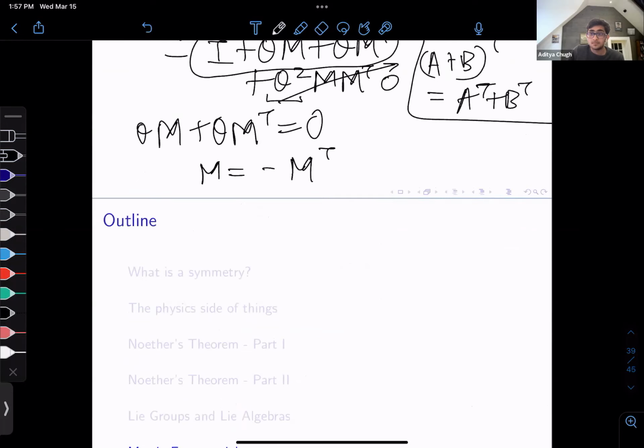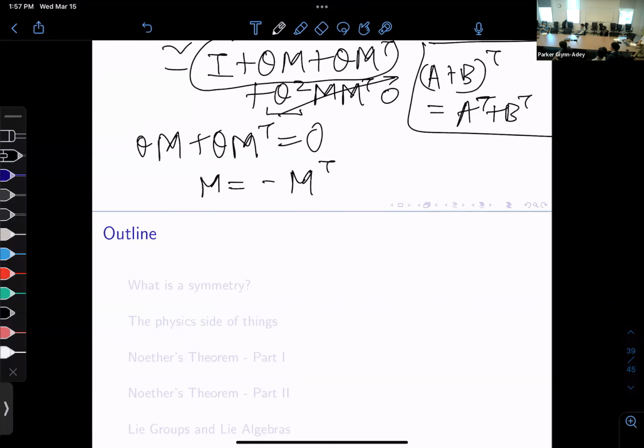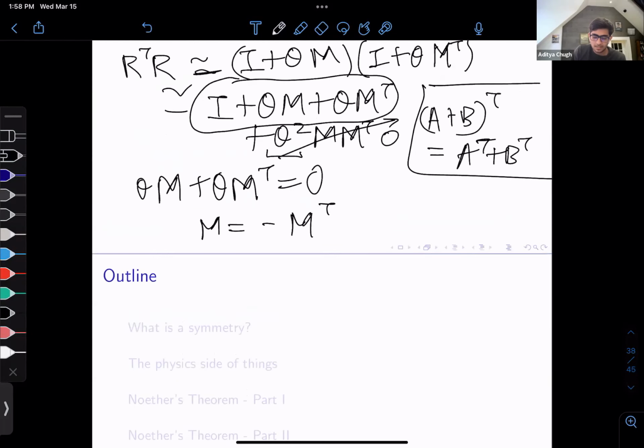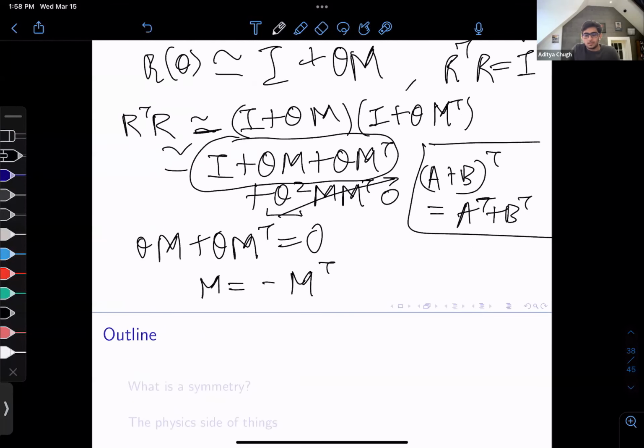And you would see that this describes a property of matrices, which is precisely that the matrix is skew symmetric, which means it's the negative of its own transpose.